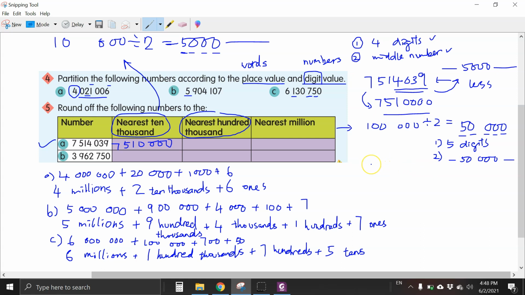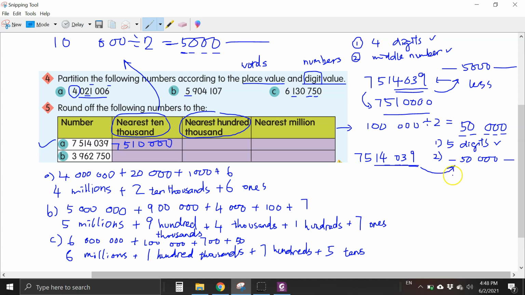So let's look at the question. Again, using the same number in A, 7,514,039. First thing, look at the 5 digits behind. 1, 2, 3, 4, 5. So these are the 5 digits. And then we compare it with this. Is it more or less than 50,000?